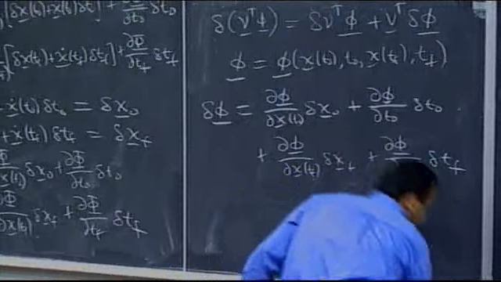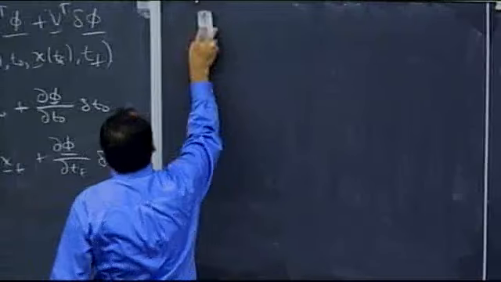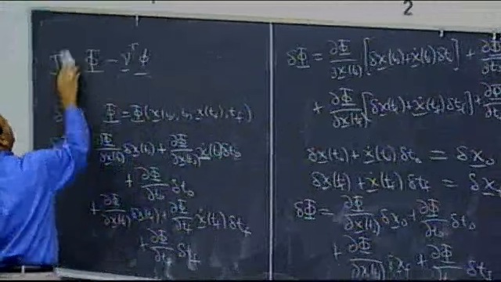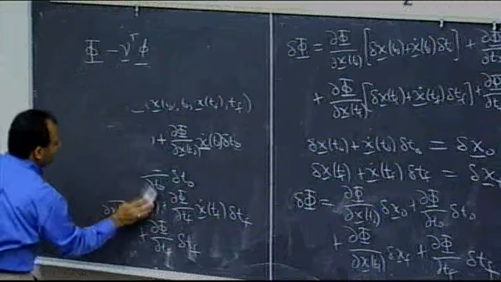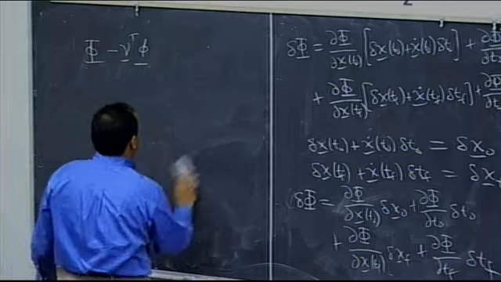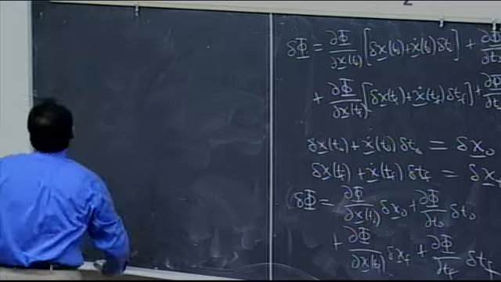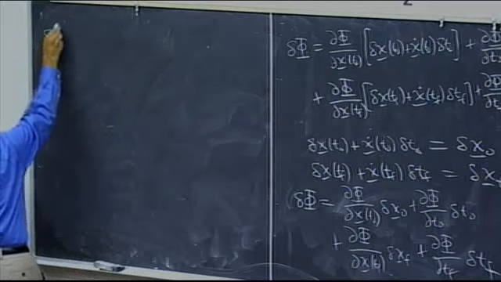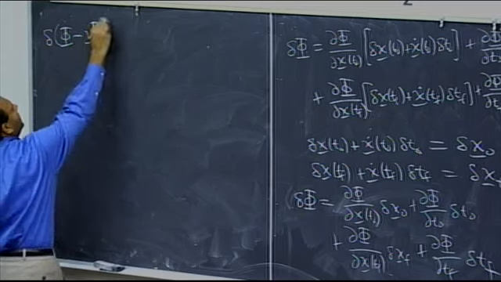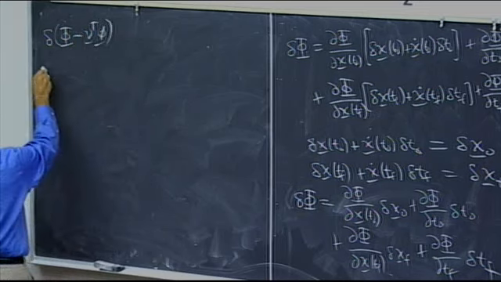I'm not going to put it on this middle board. Put it on the end board. So what I'm going to do is we're going to take just this part right here, and we're going to do the variation really carefully, and we're going to put it to the side so that we have it. Okay? So I've got the variation in phi minus nu transpose little phi, okay, is equal to.